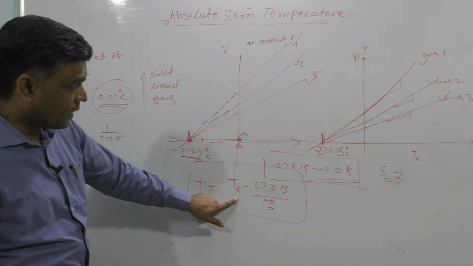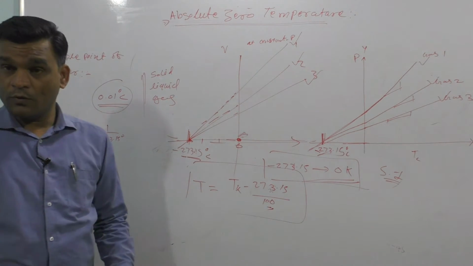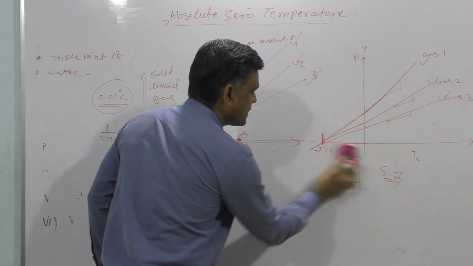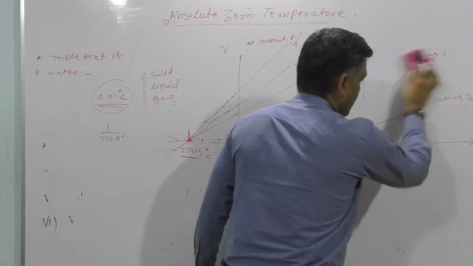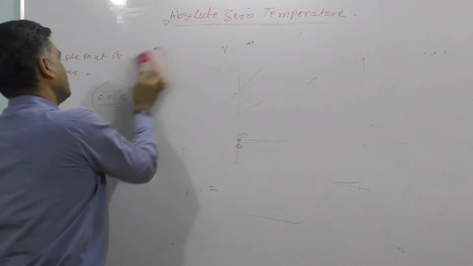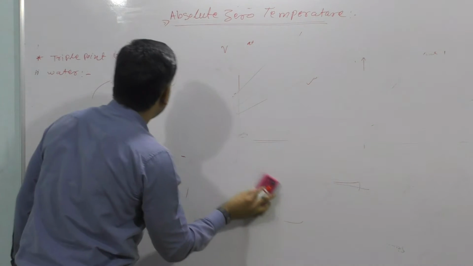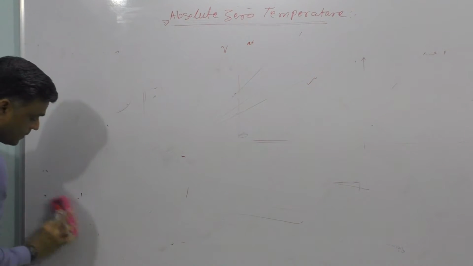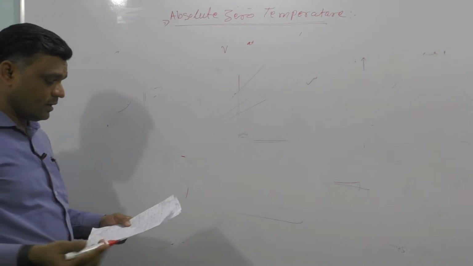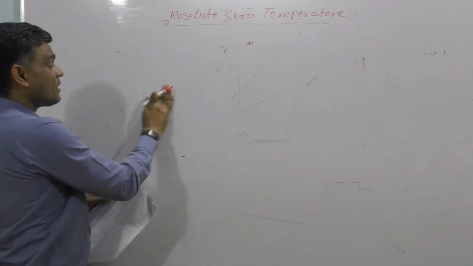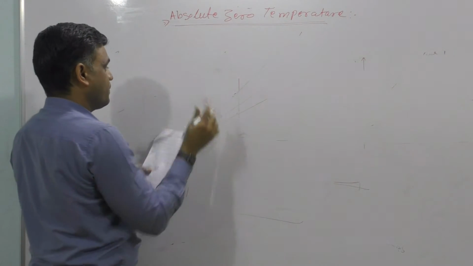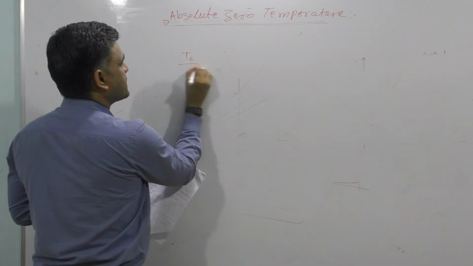Now by using this formula and the previous two, we can convert the temperature from degree Celsius to Kelvin to degree Fahrenheit and so on. So here I take one example of conversions. First I write all three equations of the scales.